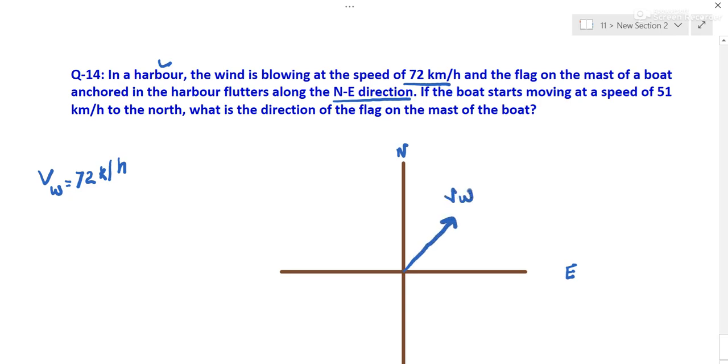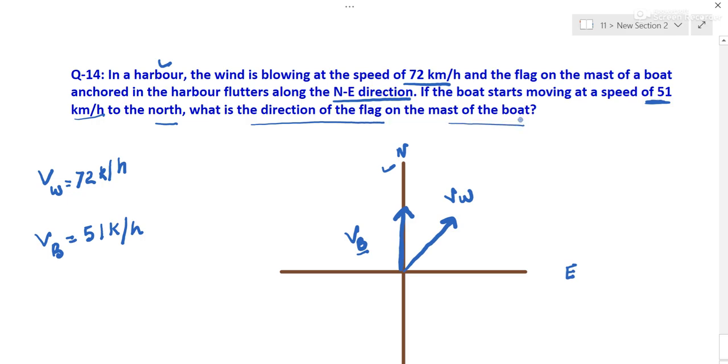This is VW. If the boat starts to move at 51 km per hour, this is the velocity of the boat, due north. So we will make this line; this vector represents the velocity of the boat moving north. What is the direction of the flag on the mast of the boat now?